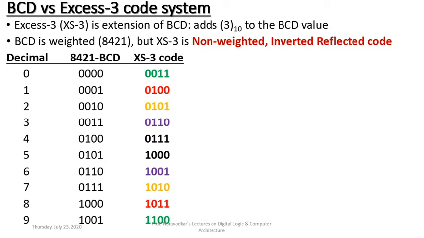Next is 0110 pertaining to decimal 3 and 1001 pertaining to decimal 6. Their corresponding XS3 codes are inversions of each other. And finally, pertaining to decimal 4 and 5, their corresponding XS3 codes are again inversions of each other. Pertaining to 4 it is 0111 and pertaining to 5 it is 1000.